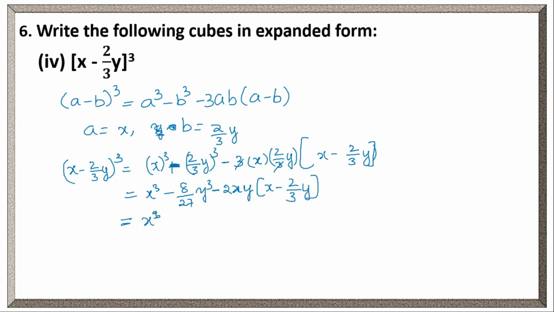Now x cube minus 8 by 27 y cube minus, here if we multiply 2xy with x, 2x square y, minus into minus plus 2 into 2, 4, 4 x y into y, y square by 3. Right? This is the expansion of (x − 2/3 y) whole cube.